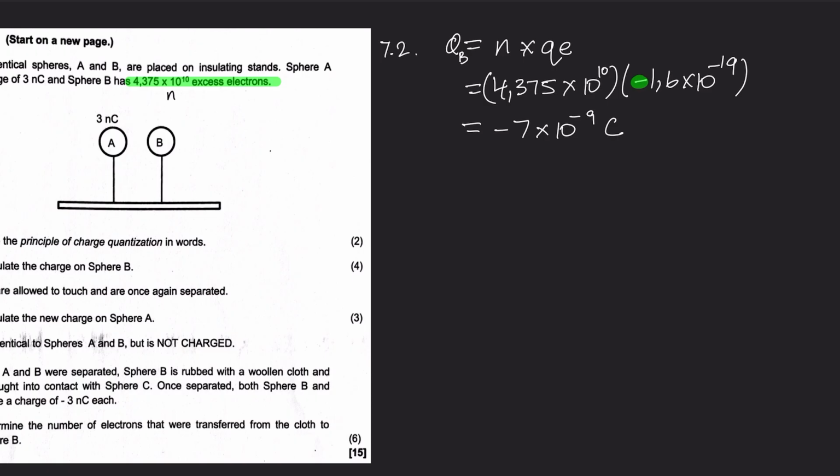And remember, this makes sense. It needs to make sense because if the object has excess electrons, then it needs to be negatively charged. So that makes sense.